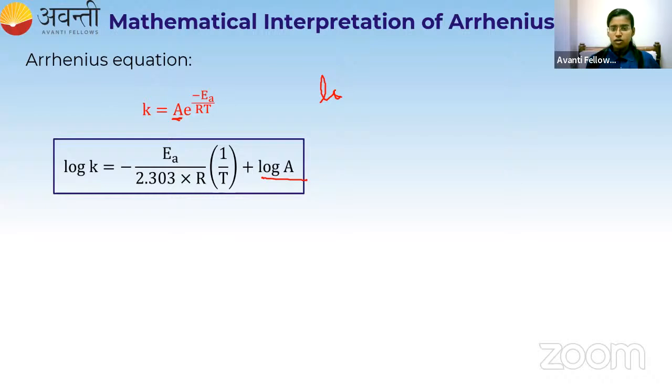Log of e power minus Ea by RT. The exponential function and the logarithmic function will cancel each other, like plus and minus. So they both will cancel each other.